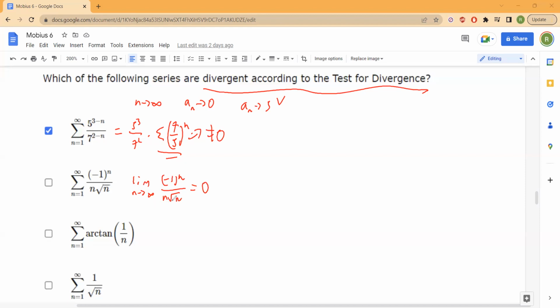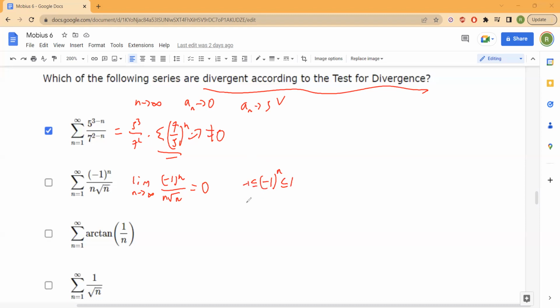You can see that it's approaching 0 because you have infinity on the bottom. But in the very practical sense, if you needed to show this on a test, you would use the squeeze theorem. You would say negative 1 to the power of n is smaller or equal to 1, but bigger or equal to negative 1.